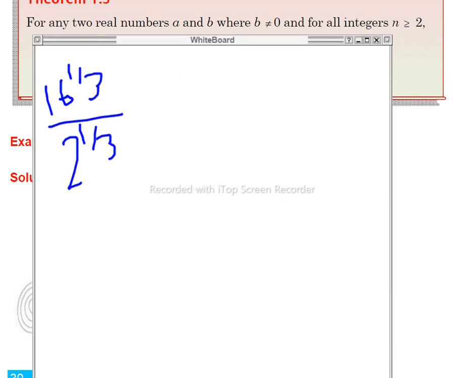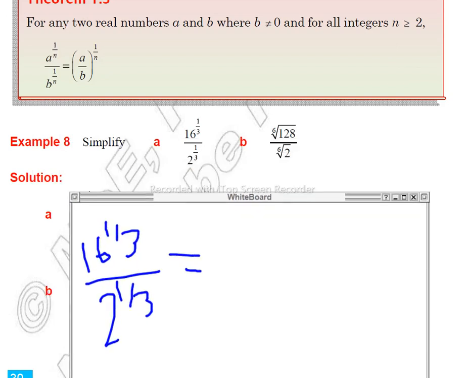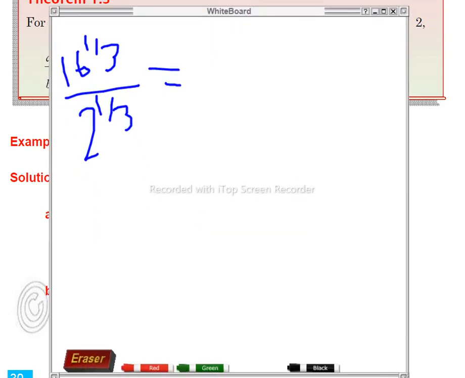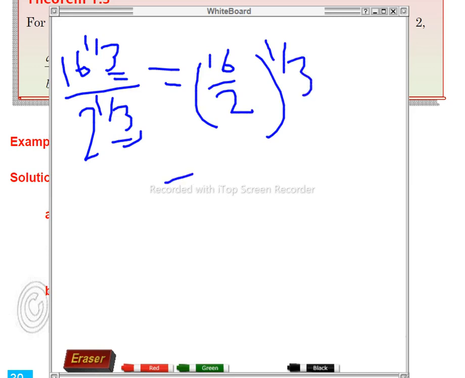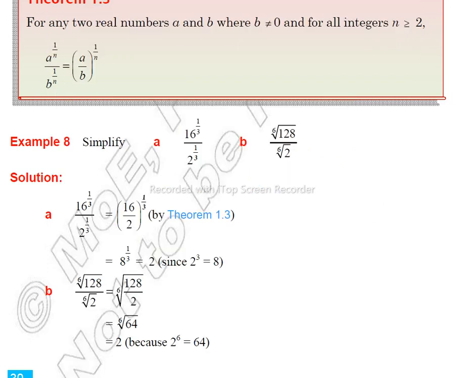Since they have the same power, we take this power, and 16 divided by 2, 16 over 2 to the power of 1 over 3. This means 16 divided by 2, we get 8. So 8 to the power of 1 over 3 means 2 times 2 times 2 is equal to 8. So our answer is 2 in a simple way.